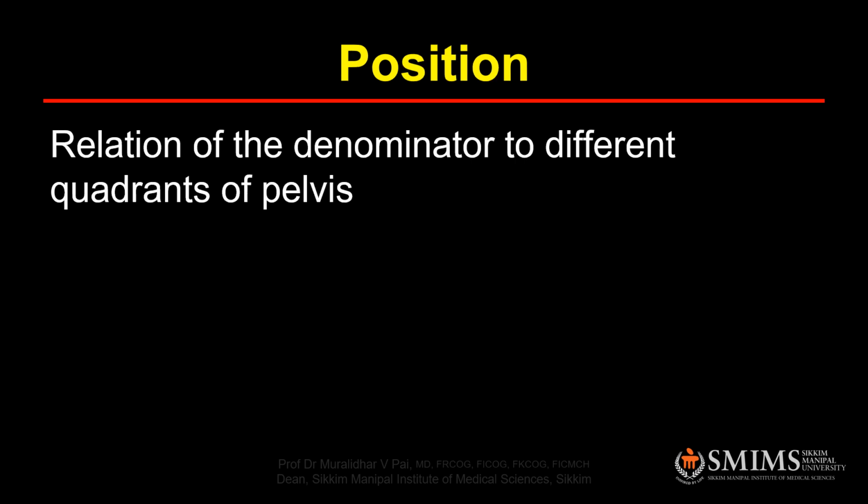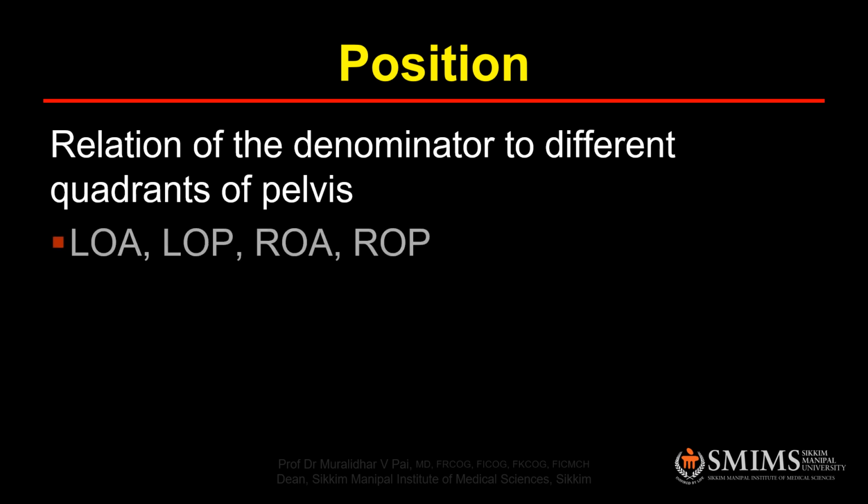Position. Position is the relationship of the denominator to the different quadrants of the pelvis. Accordingly, there are 4 positions in each presentation: left occipito-anterior LOA, left occipito-posterior LOP, right occipito-anterior ROA, and right occipito-posterior ROP.